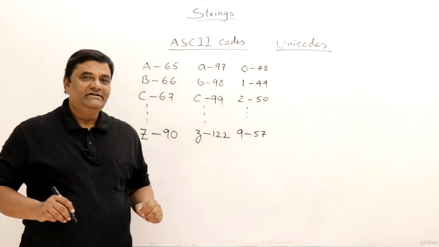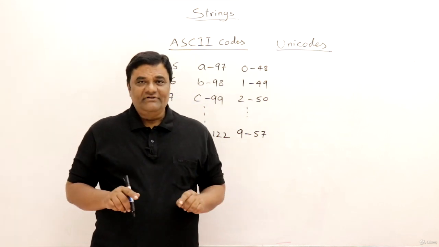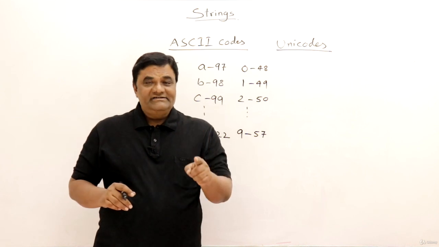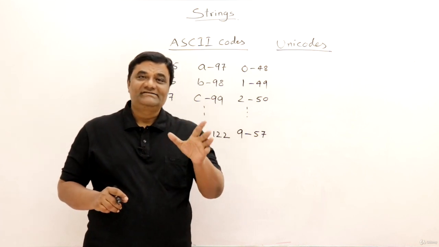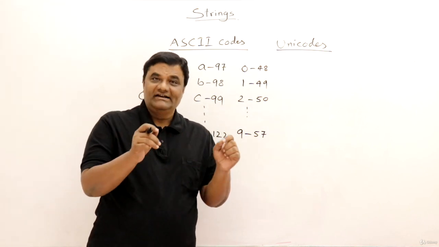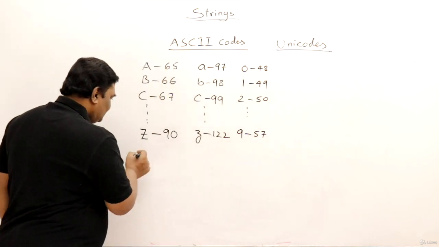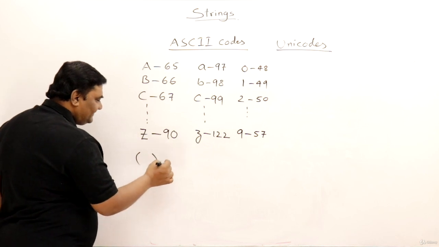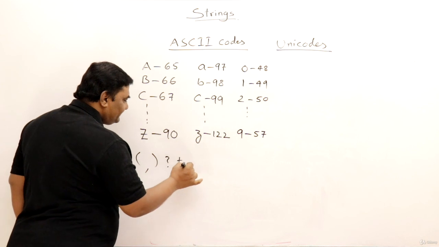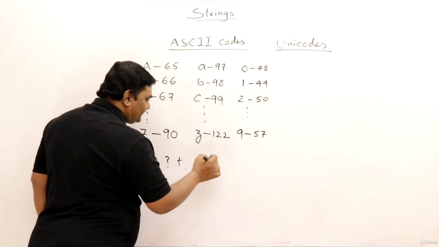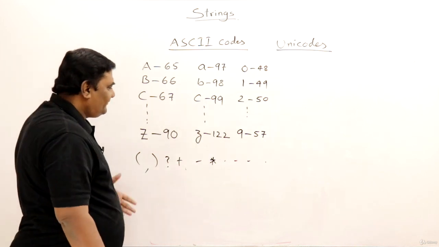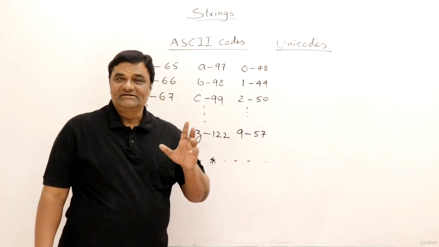Now basically, all the symbols that you find on the keyboard form a character set, and for every symbol on the keyboard there is some ASCII code available. The other remaining symbols are special characters like opening bracket, closing bracket, comma, question mark, plus, minus and star, and so on. There are many special characters, and for special characters also codes are there.